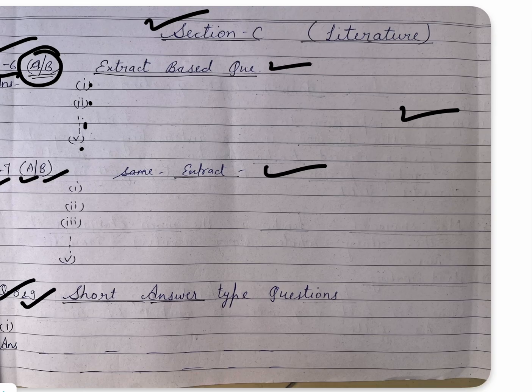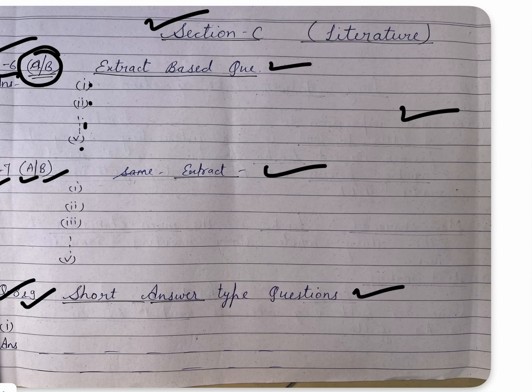Then question number 8 and 9 will be short answer type questions. So there is no specific format. You are to write the answer in your own way, in your own words, but do follow the word limit. Don't exceed the word limit. You can cover 3 questions on one sheet.